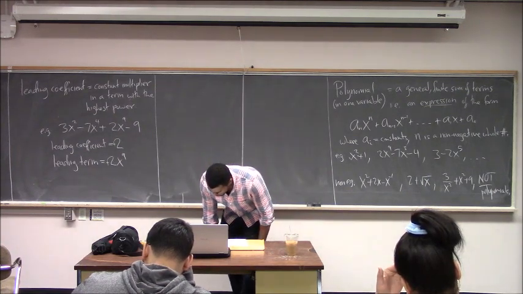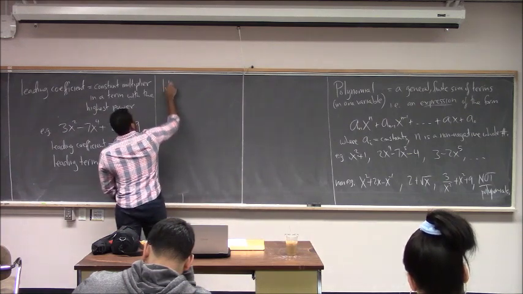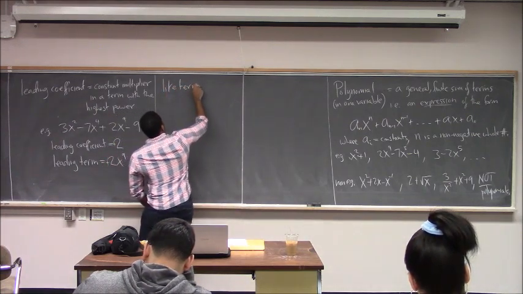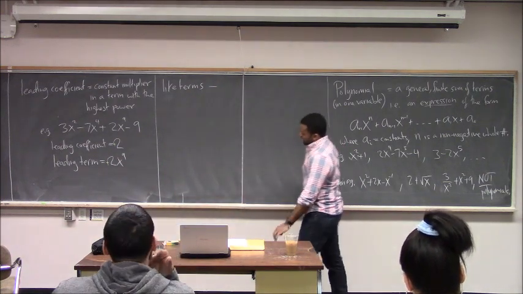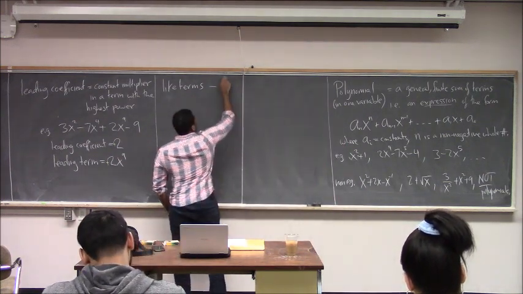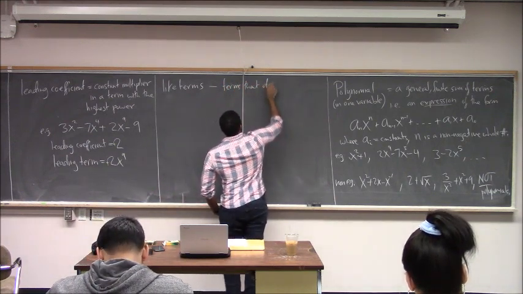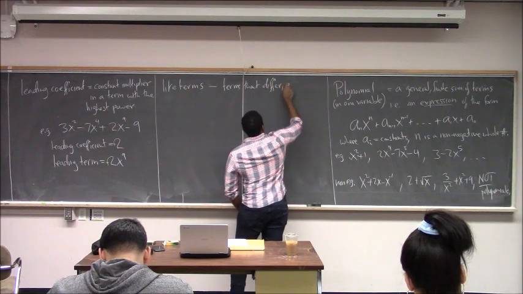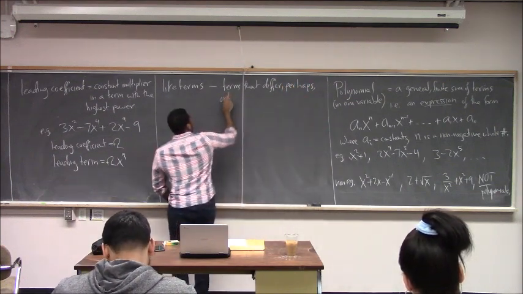What else do I want to talk about? Like terms. Lots of things we can only do if they're like terms. When you hear the phrase like terms, what that means is these are terms that differ perhaps only in their coefficient.